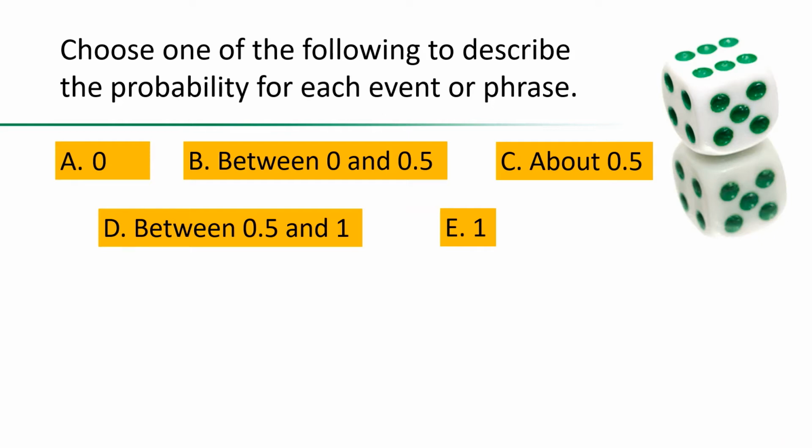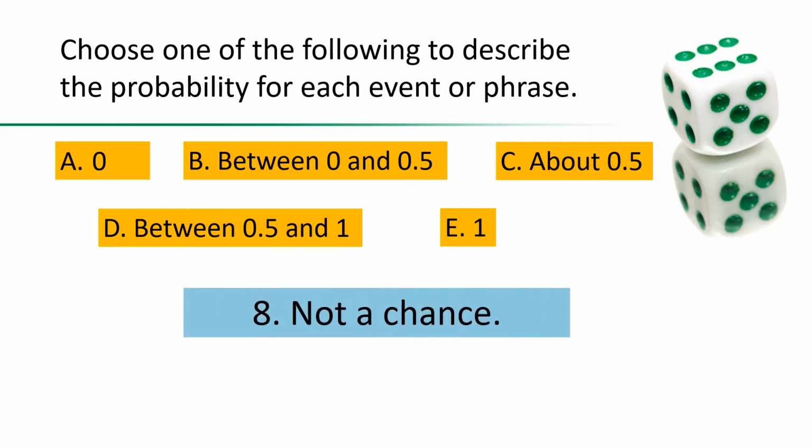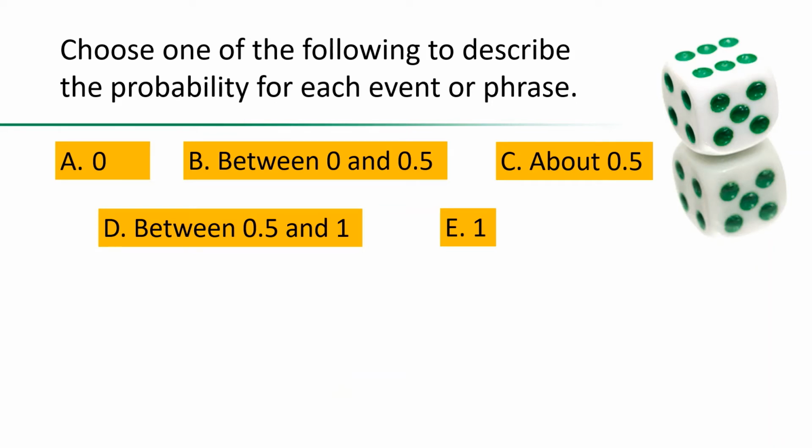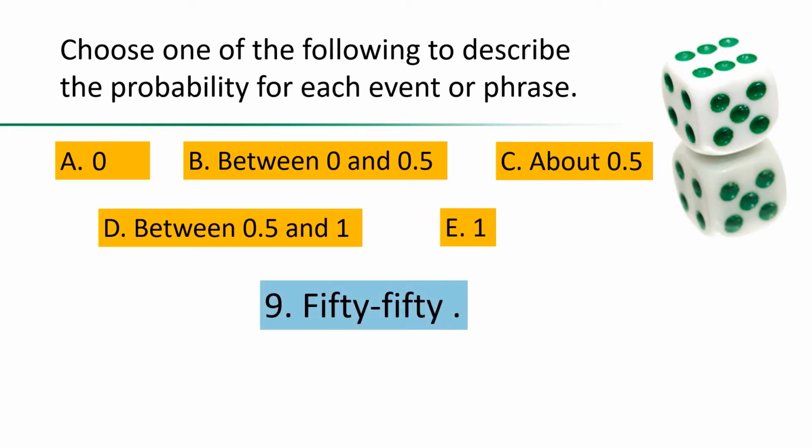Next, number 8. Not a chance. And the correct answer is letter A. It is an impossible event. How about if we have 50-50? Yes, correct. The answer is letter C. It's about 0.5.